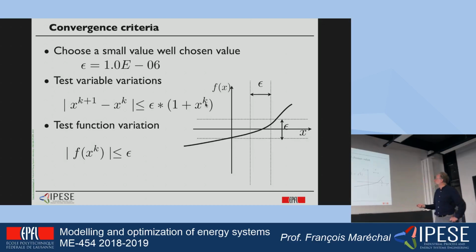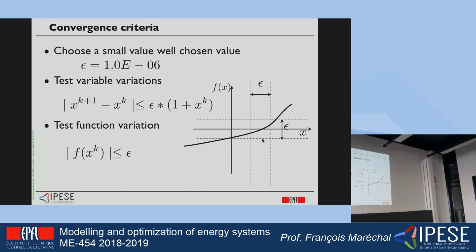Okay? And this is the trick that is used here. So we have here the relative value, and there should in fact also be an absolute value here, which is applied to the epsilon. So it means that at the end, I will be happy if the x is not varying too much and if the function is sufficiently close to 0. So this is the convergence problem.